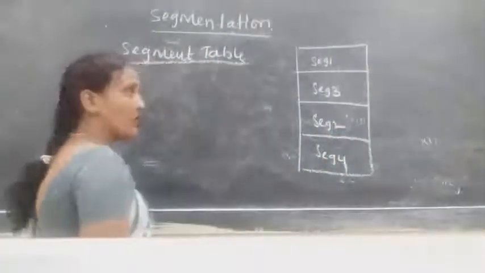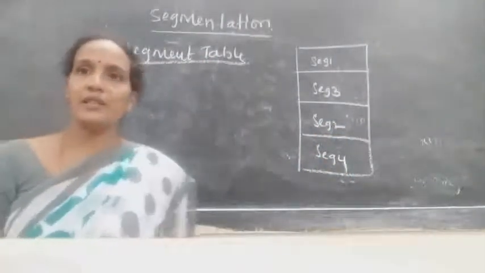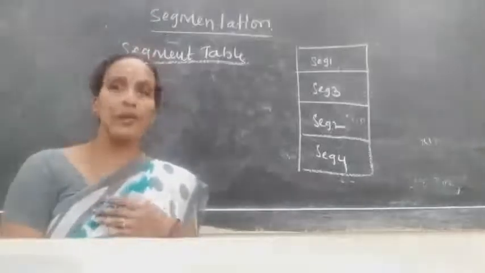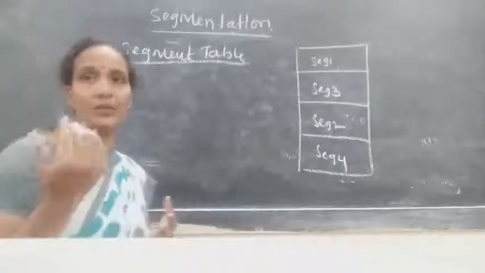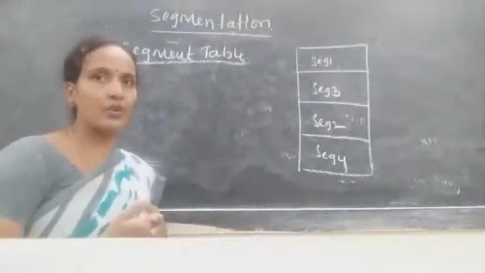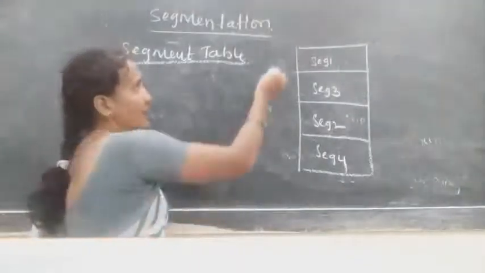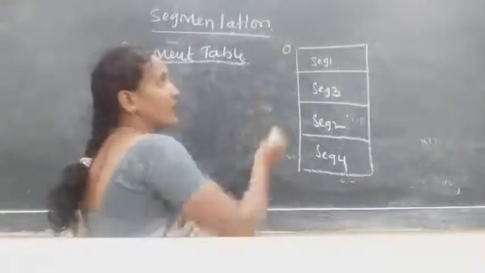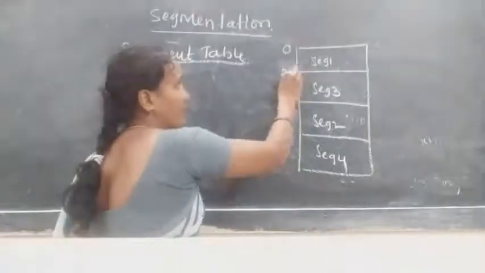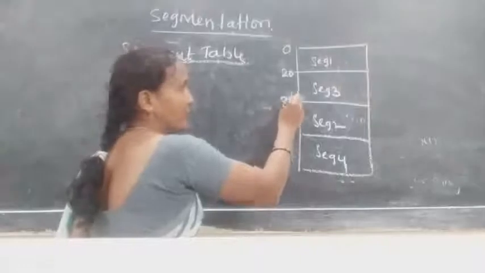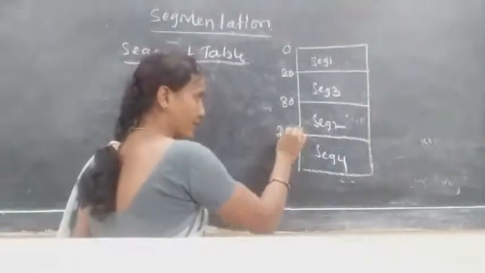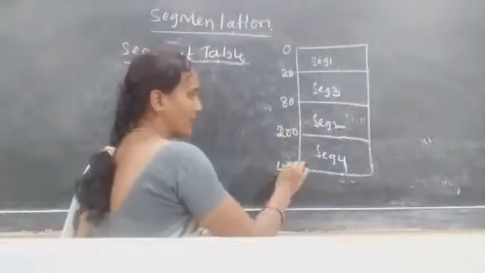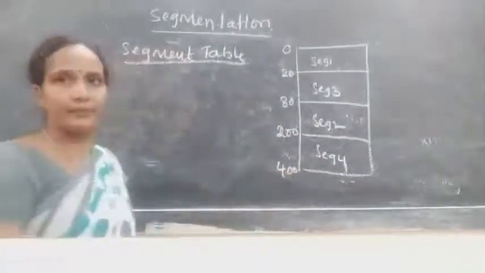As I already said, it is not compulsory that all the segments should be contiguous, and the size is also not fixed, as it is based on the user's view. For example, here it starts from 0, and here the size is 20, here the size is 80, here the size is, for example, 200, and here it is 400.